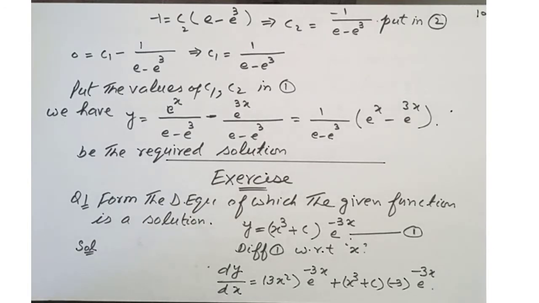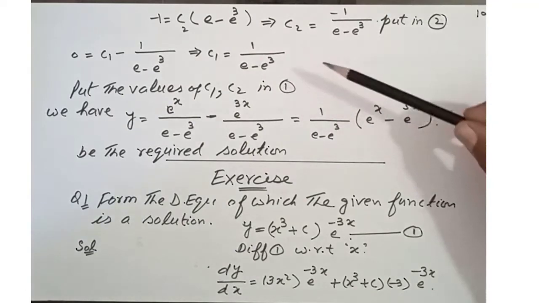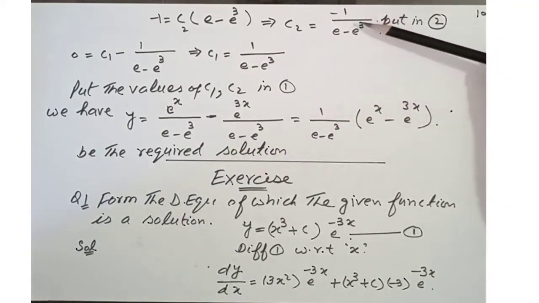Put this value in equation number 1. We have 0 equal to c1 minus 1 over e minus e cube. So we take this term to the left side, and the value of c1 is 1 over e minus e cube. So we have found this is the value of c2 and this is the value of c1. We put these values of c1 and c2 in the solution.